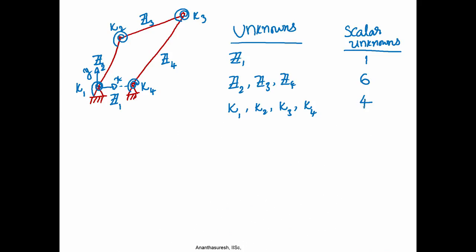There are 6, and then here we have 4 scalar. So, total we have 11 scalar unknowns. For function generation, what is given, what is known, that also we should write.